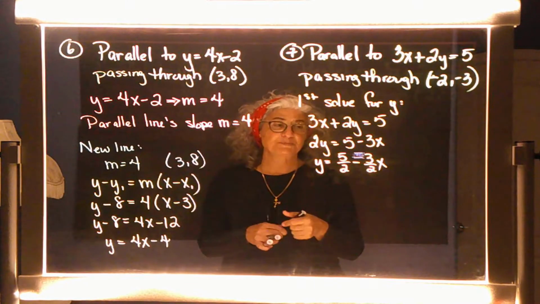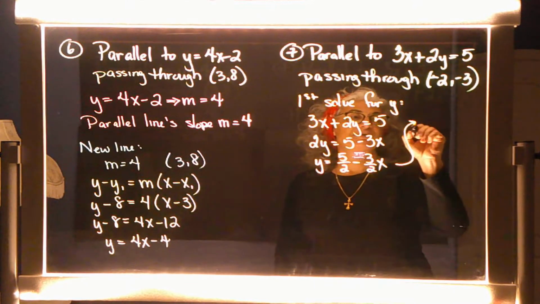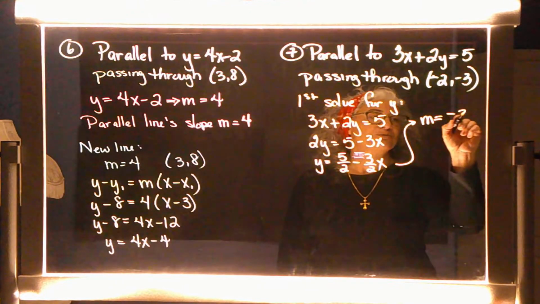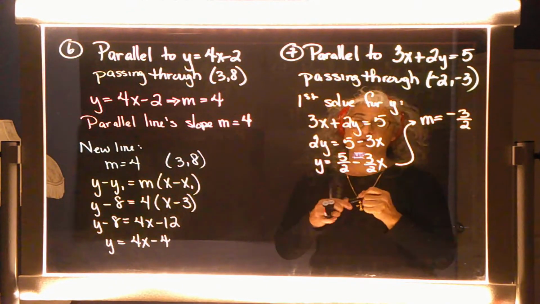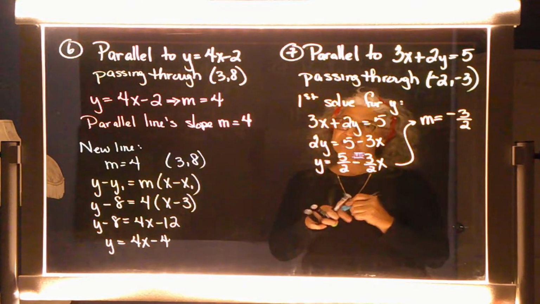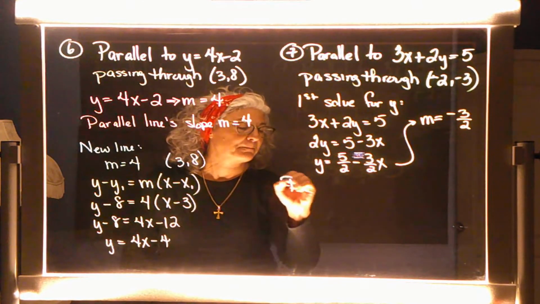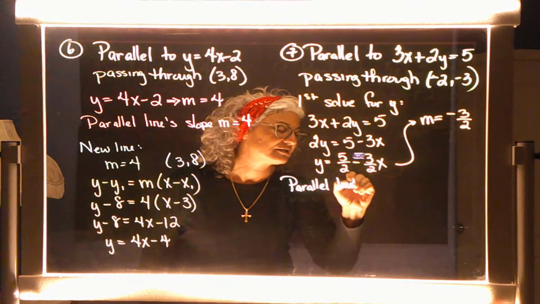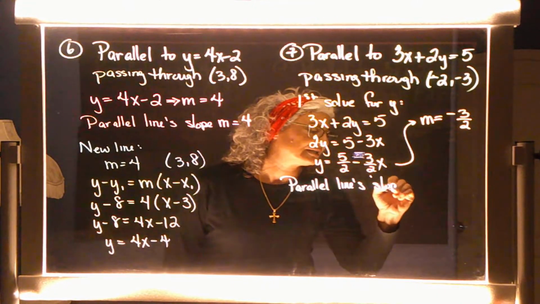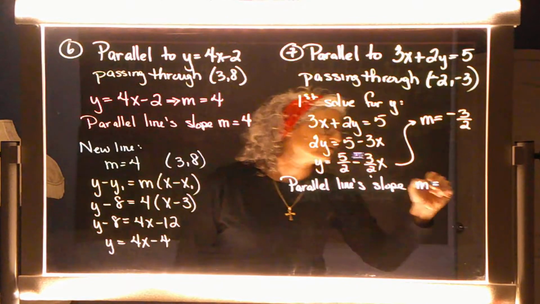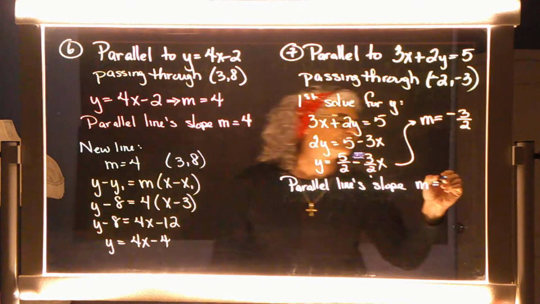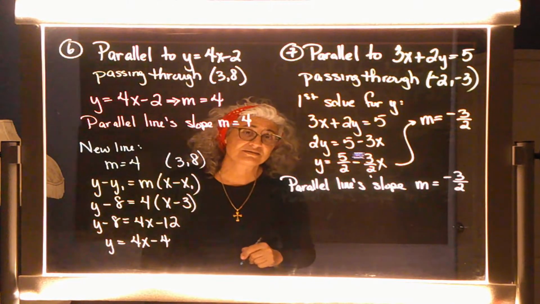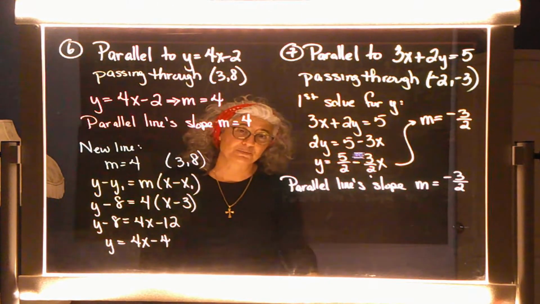Good. So in this particular case, m is equal to -3 over 2. Correct. Which means the parallel line's slope is m equals -3 halves. Make sense? Because they have to have the same slope.